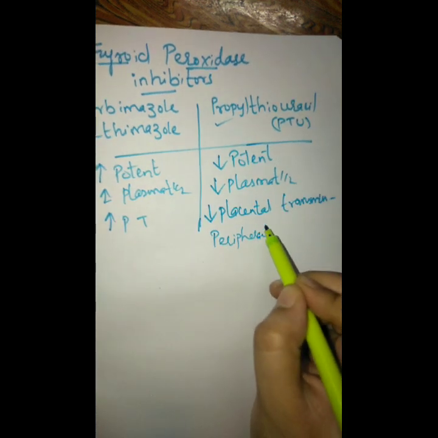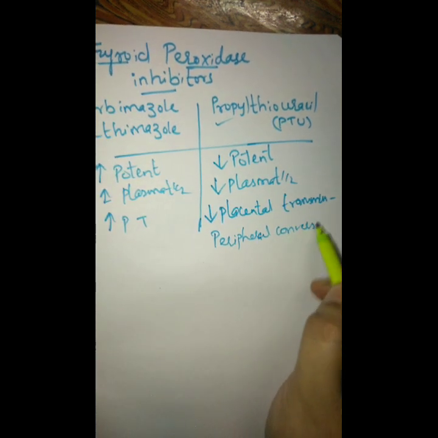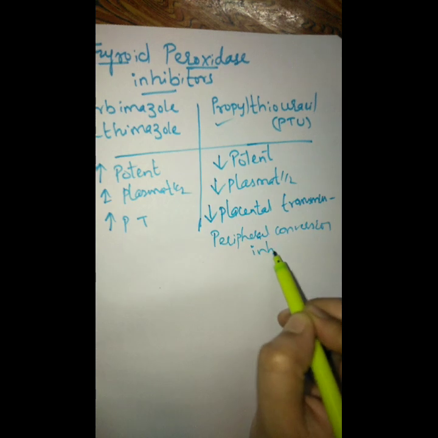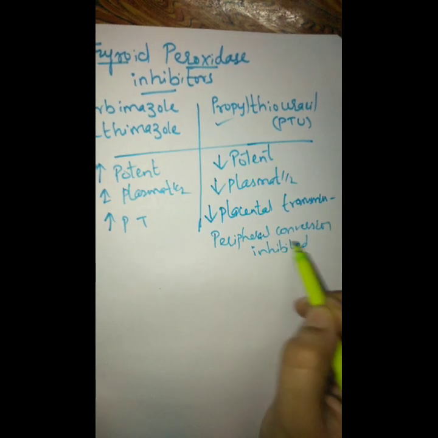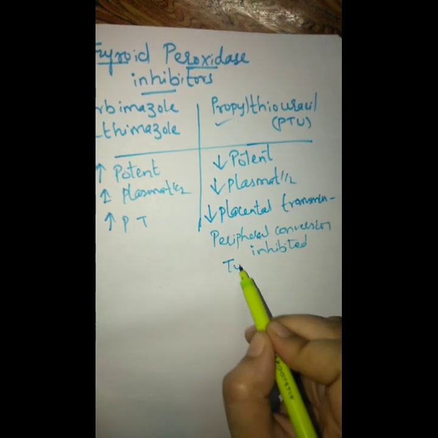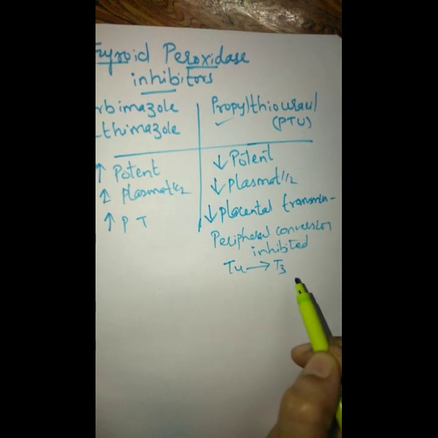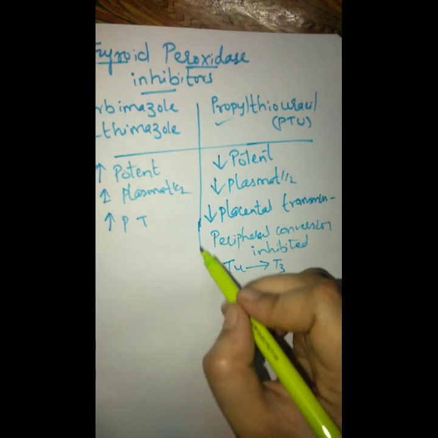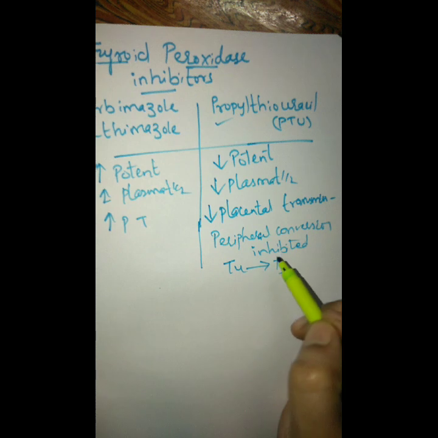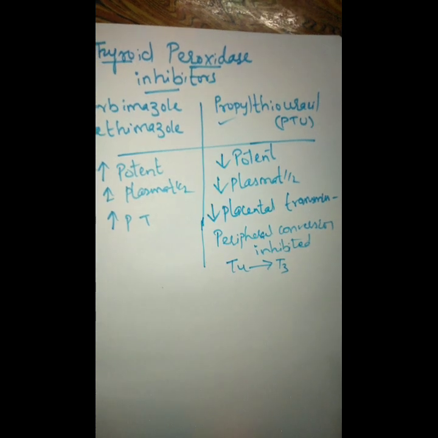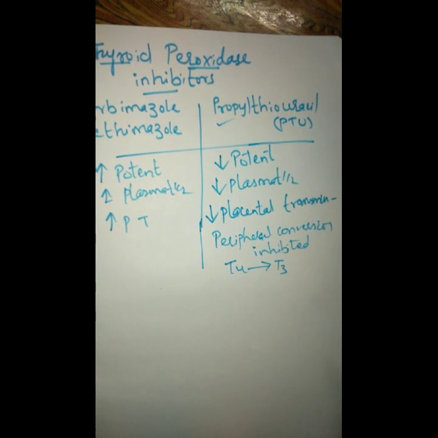Peripheral conversion is inhibited. If you remember, peripheral conversion means T4 converted to T3, and propylthiouracil can also inhibit this peripheral conversion by inhibiting the enzyme 5' deiodinase.